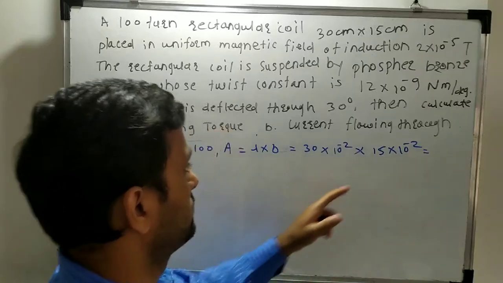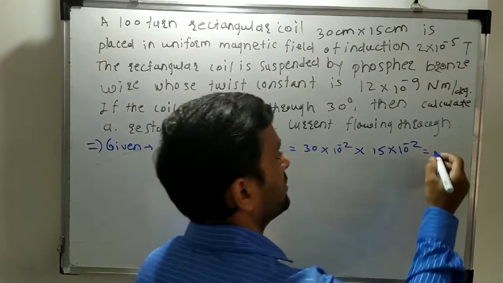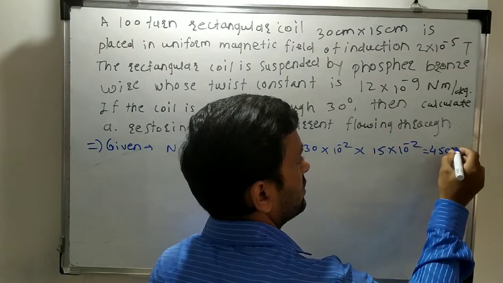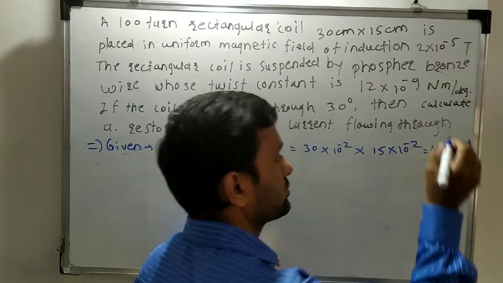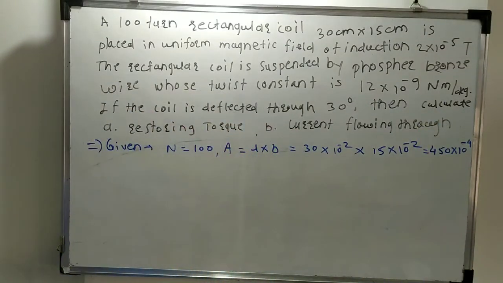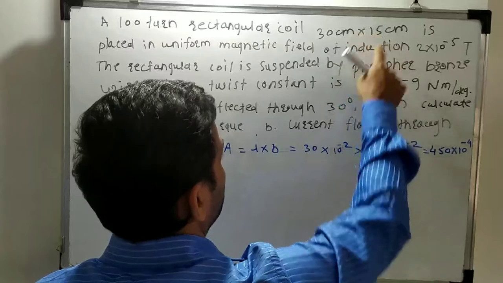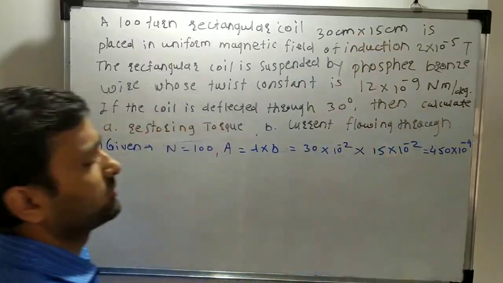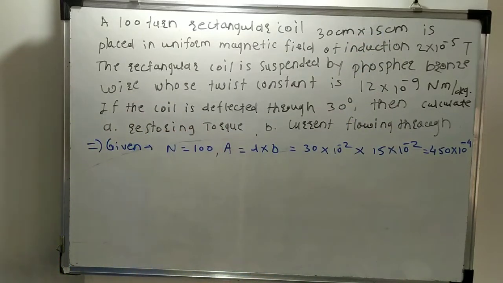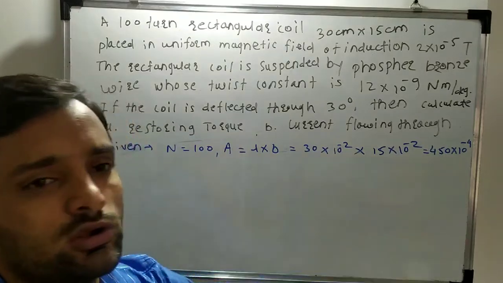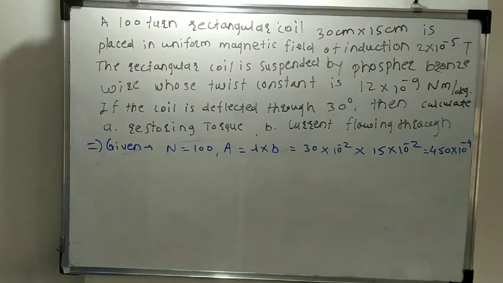So what will happen? 450 into 10 raised to minus 4. It is the value of area. So from the length and breadth we can determine the value of area. Then our area will be 450 into 10 raised to minus 4.